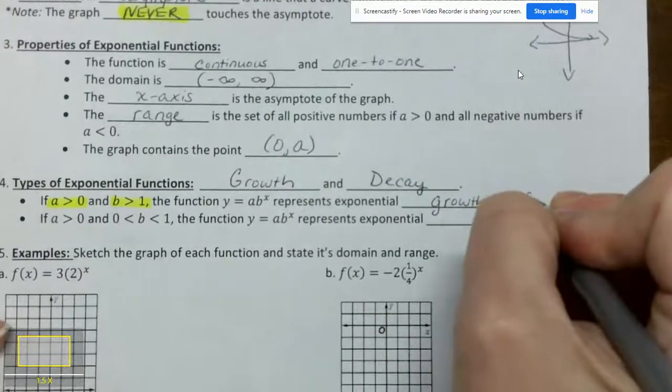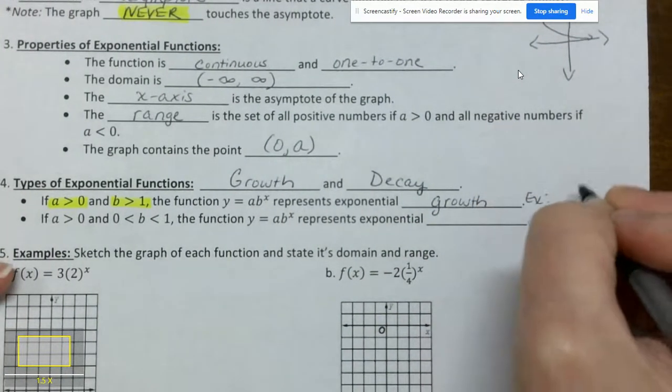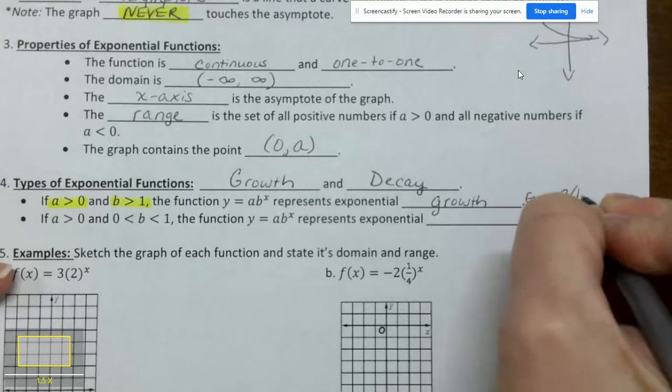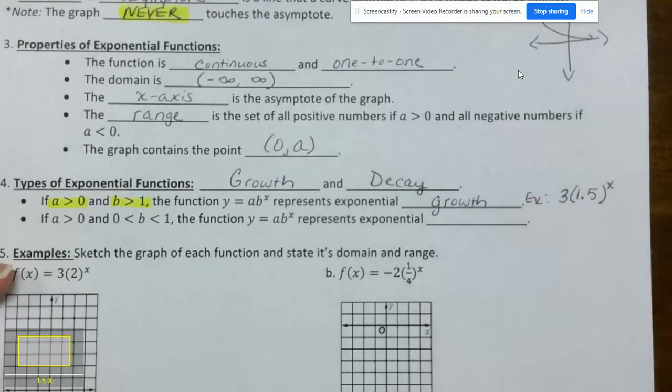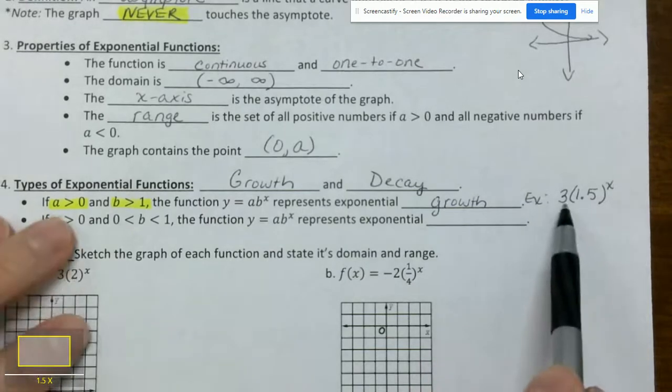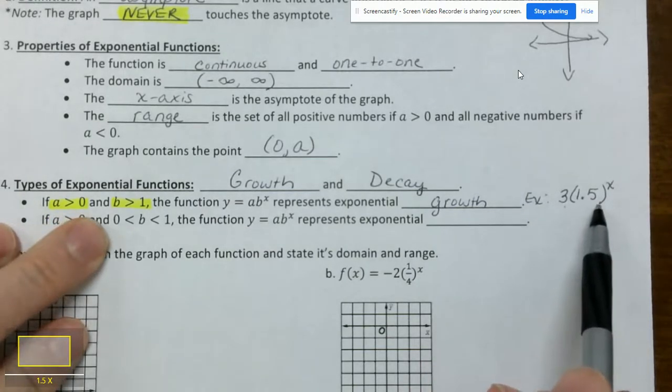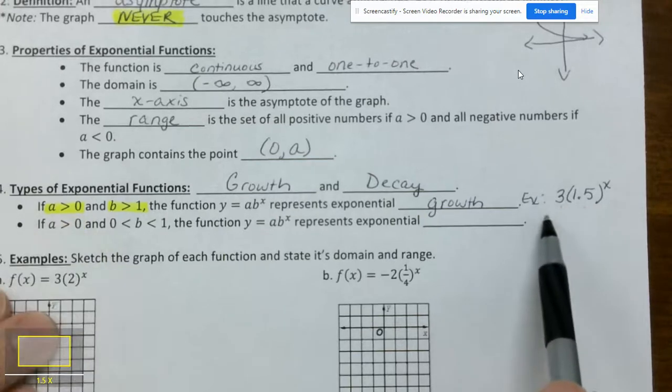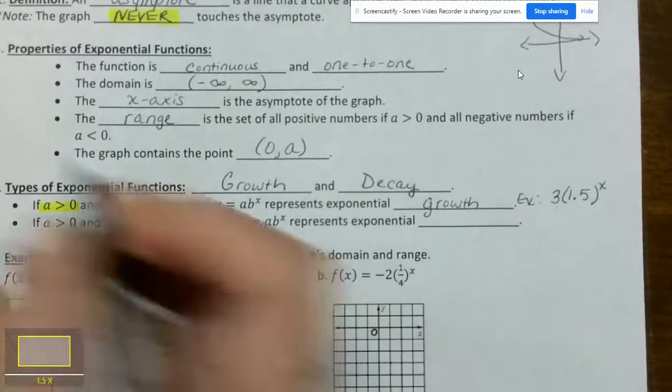For example, you might have a function like this, 3 times 1.5 to the x power. That would be my a is greater than 0 and my b is greater than 1 because it's 1.5. So that's an exponential growth.